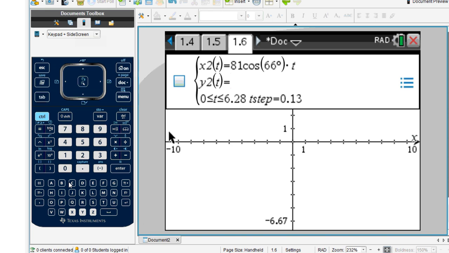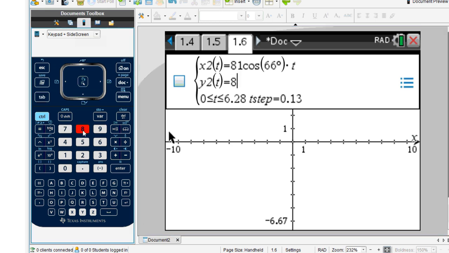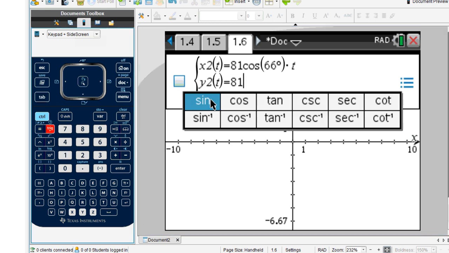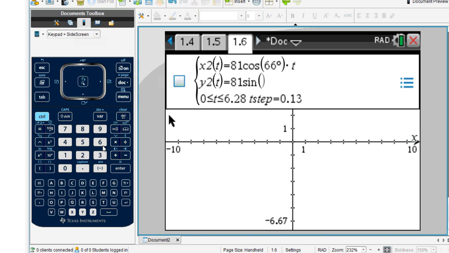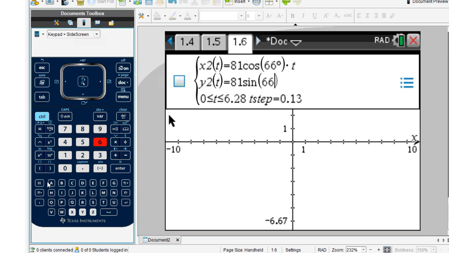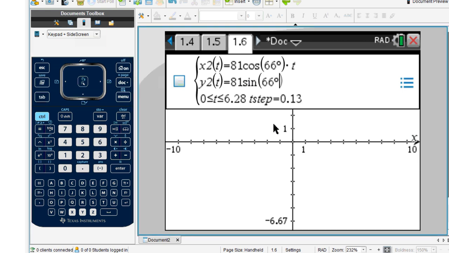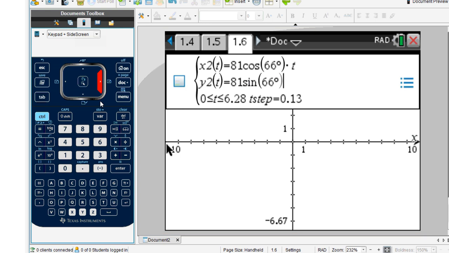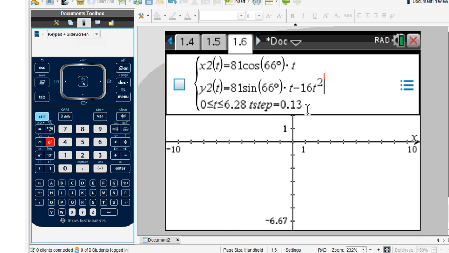And then down here below, we have 81 sine 66 degrees, and that's going to be also times t. And we're going to have minus 16t squared to have gravity return that thing to Earth.